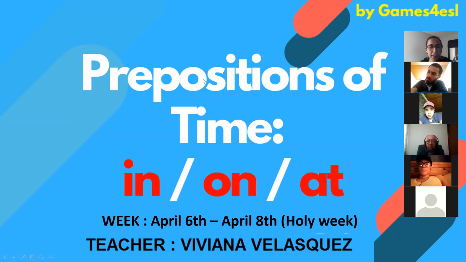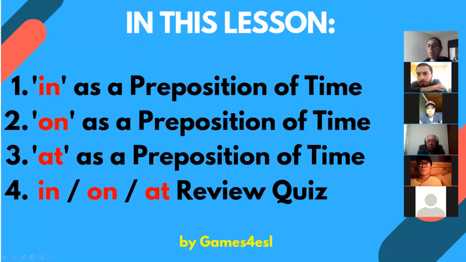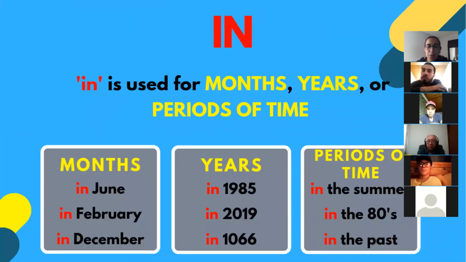So let's start working on preposition in. As we can see here in the presentation, the preposition in is used when you want to mention just the month or just the year of time.